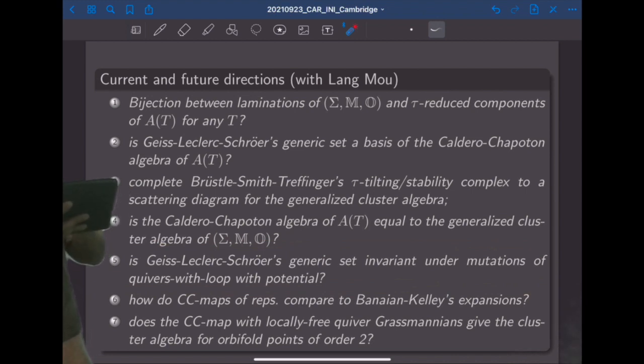For the gentle algebras, the indecomposables are given by strings or bands.